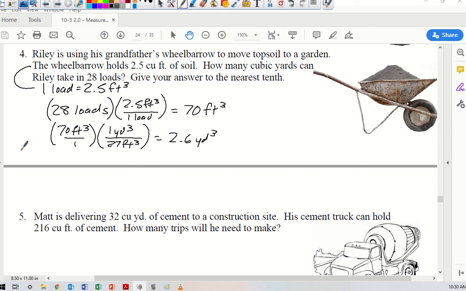That gives a grand whopping total of 2.6 cubic yards. Okay. Clear as mud so far?